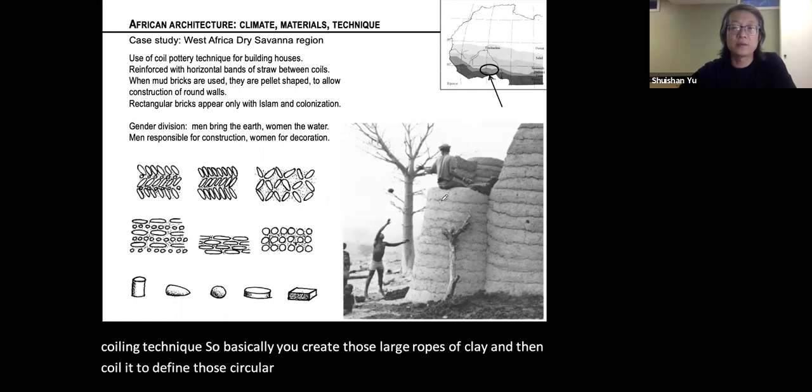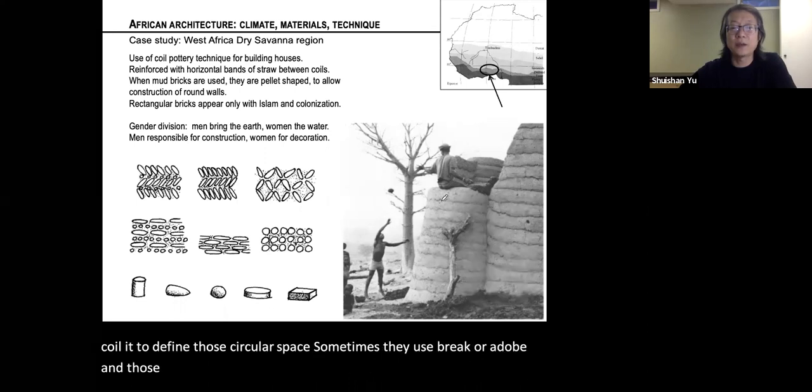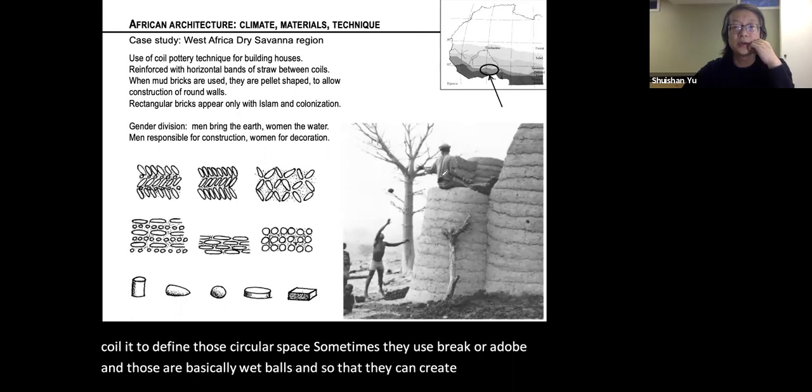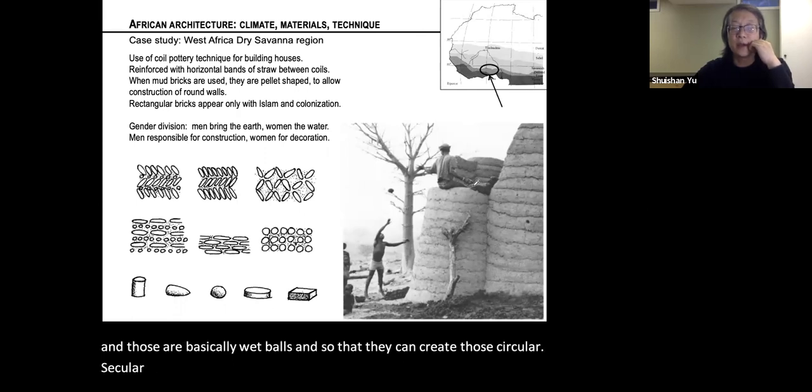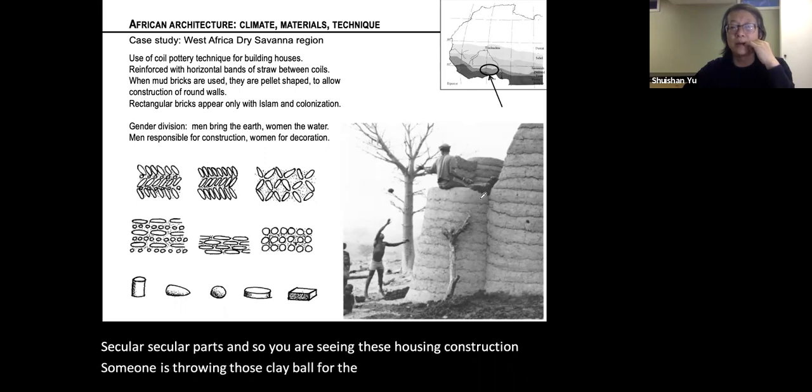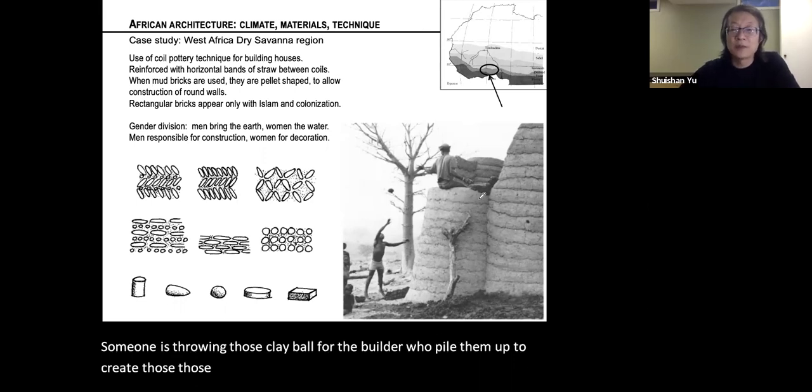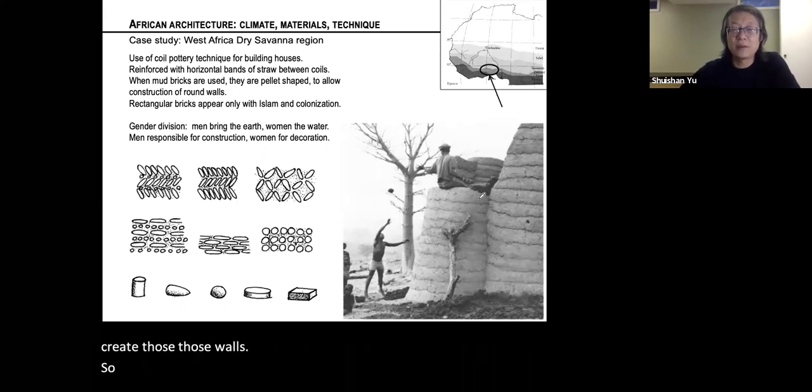Sometimes they use brick or adobe, which are basically wet balls, so that they can create those circular forms. You are seeing these houses in construction. Someone is throwing clay balls to the builder, who piles them up to create the walls. So their houses resemble their pottery very much.